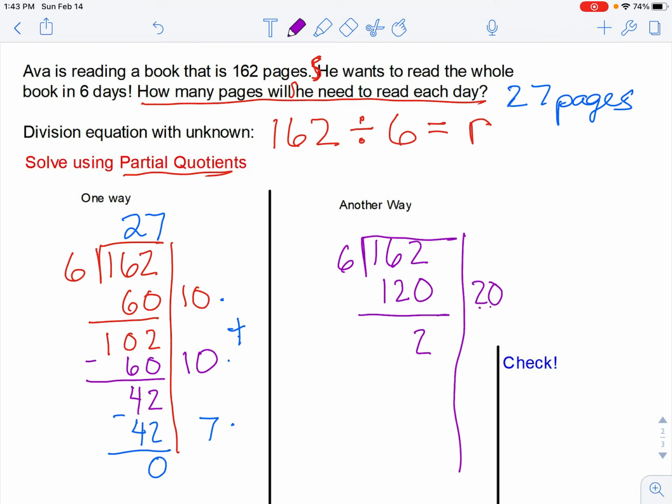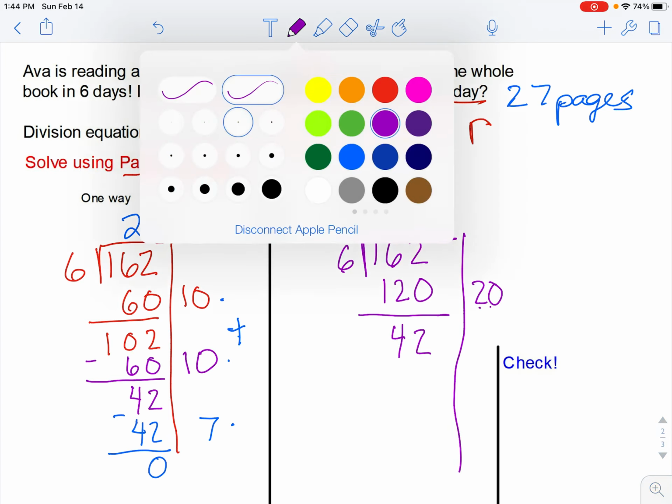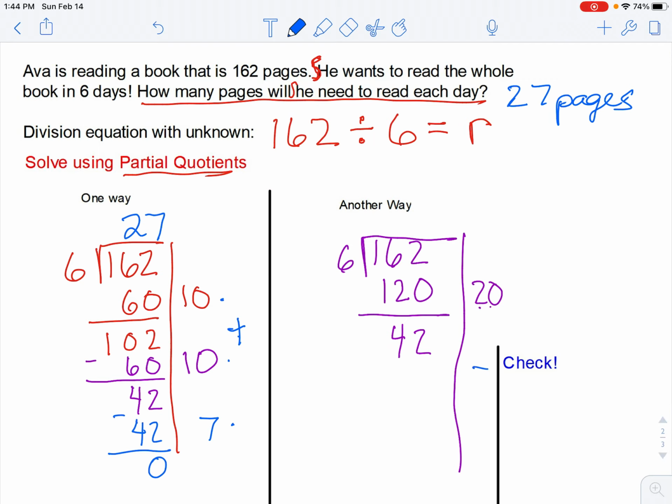Then I had 42 left over right away here. Okay, same idea. How many times does 6 go into 42? 7. And then I got 42 and subtract to get 0. Now again, I'm just picking these partial quotients 10 and 20 and 7 because they, oh, I forgot to put my final quotient, add up my partial quotients, 27.